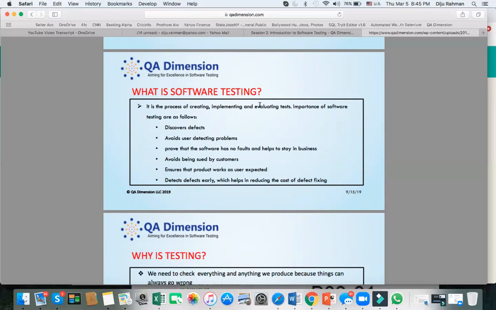Evaluating means whenever you perform your test, you have to make sure whether it is meeting your expectation or not. Those three words cover what your role is going to be: creating documentation, implementing the things you talked about in the documentation, and evaluating, meaning reviewing your testing results.